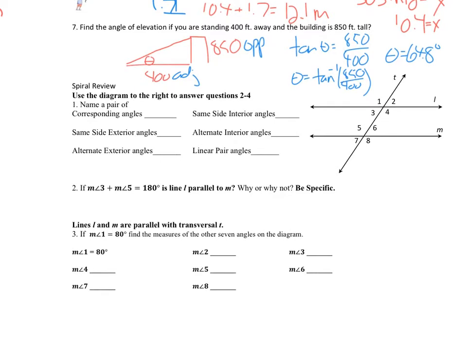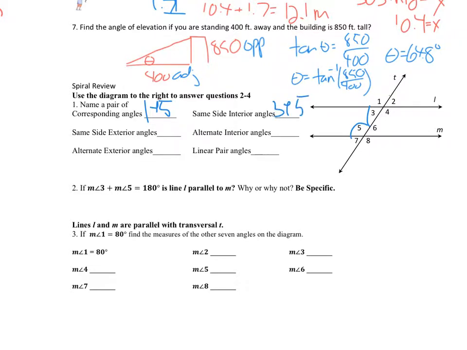All right, a little review that you're going to have dealing with parallel lines. So corresponding angles are angles in the same location. So I'm going to state 1 and 5. Same side interior angles now become 3 and 5.